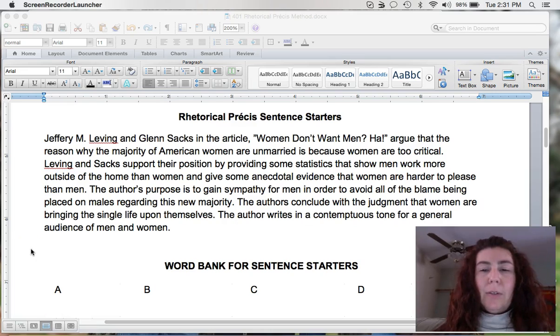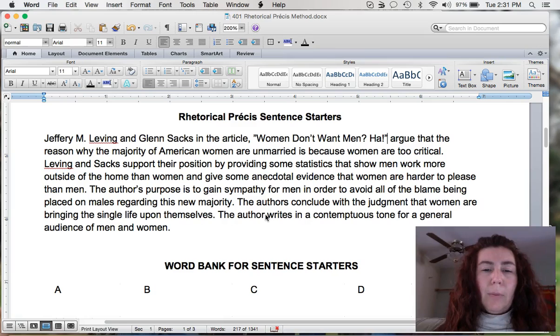So the authors conclude with this judgment that women are bringing the single life upon themselves because they're too critical, and the authors write in a very contemptuous tone for a mixed audience of both men and women. And this should be the authors, right? Yay for proofreading.